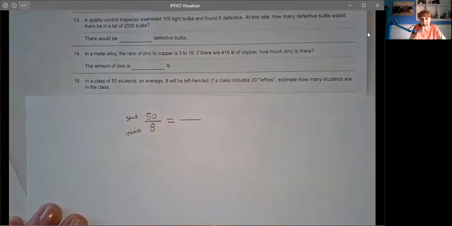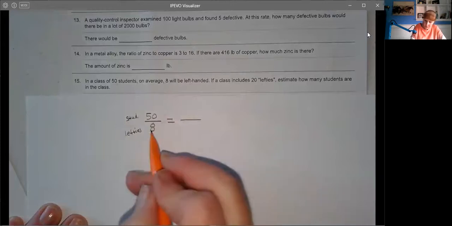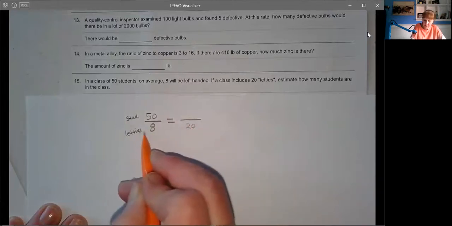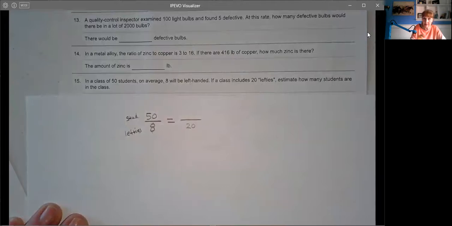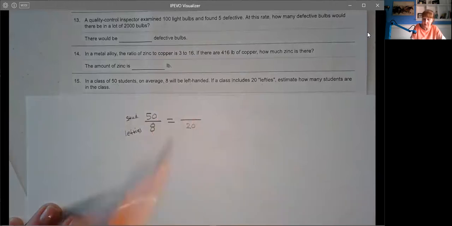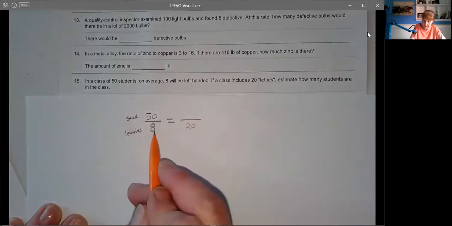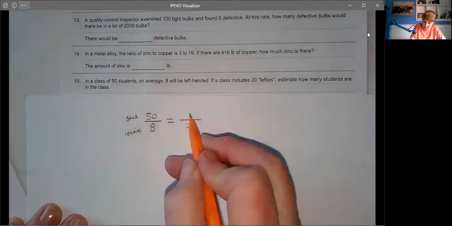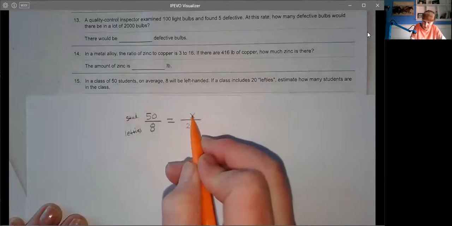It says if a class includes 20 lefties, which means I'm going to put the 20 in the denominator because I chose to put the lefties in the denominator, and I have to stay consistent. Had I chosen to put the lefties in the numerator, I would have put the 20 in the numerator, but I chose to put the lefties in the denominator. You'll get the same answer either way, as long as you're consistent. They want to know how many students are in the class. So this is what we're looking for, the total students.